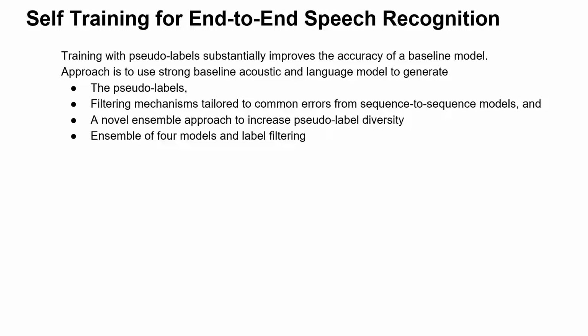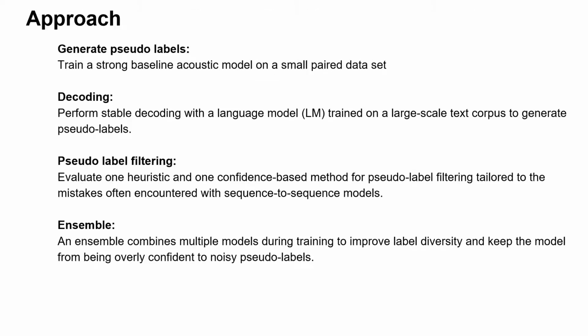The idea was basically to generate the pseudo labels, with some kind of filtering mechanism that allows us to find out what the common errors are and how we should be doing the filtering. And over and above that, there was another ensembling approach, which we'll talk about later, that was used here and helped in improving the self-training.